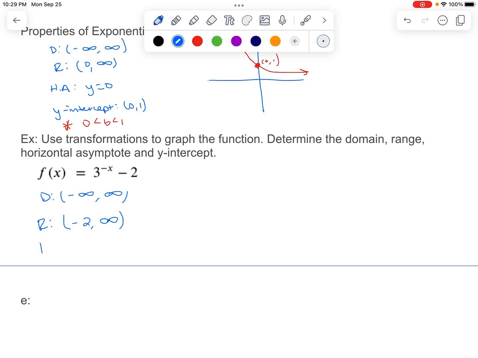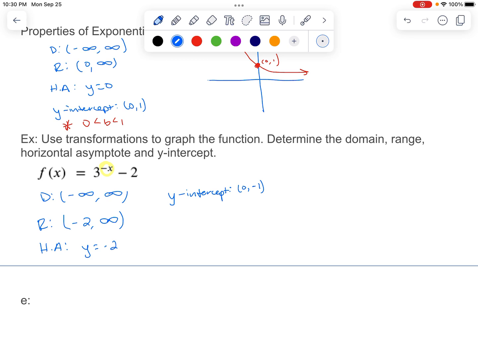My horizontal asymptote aligns to that range, so it's now y equals negative 2. And the y-intercept is also going to be shifted down because of that 2. I also have another component within this, and that's the negative x.